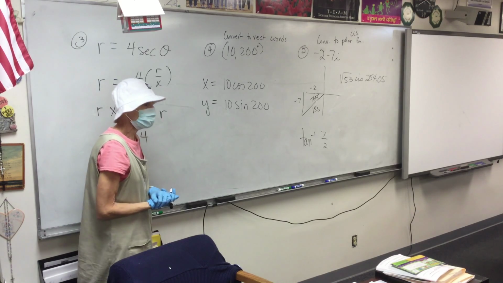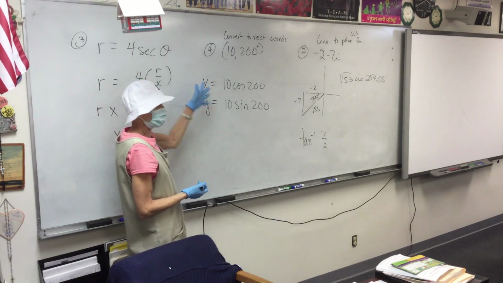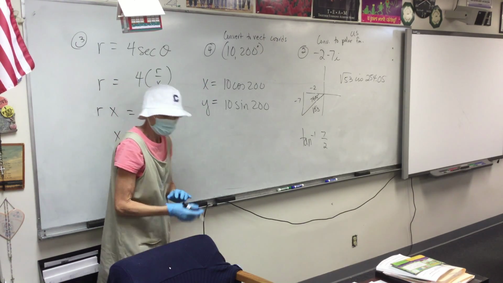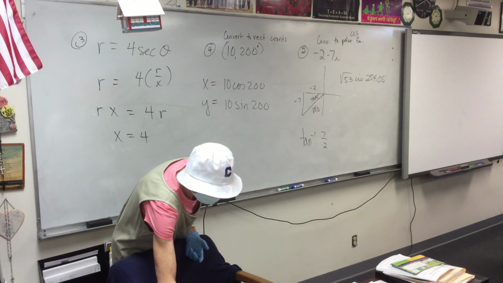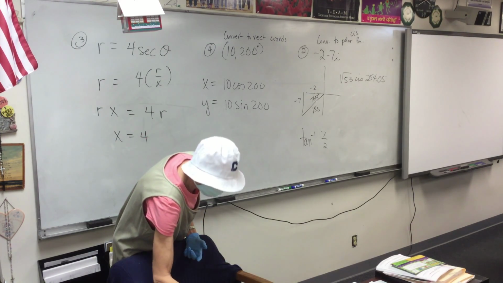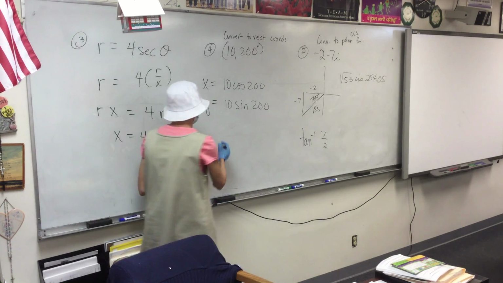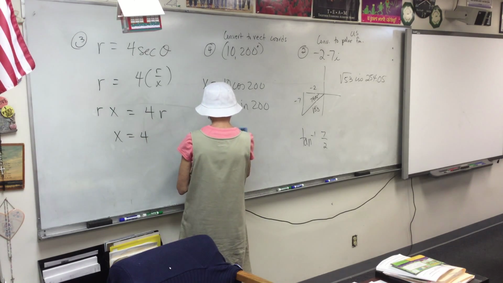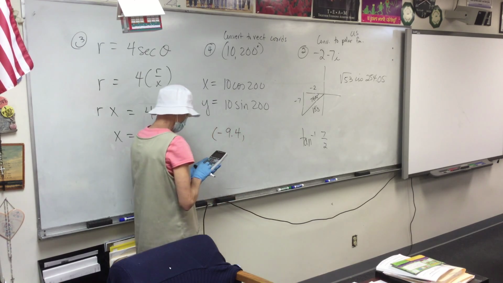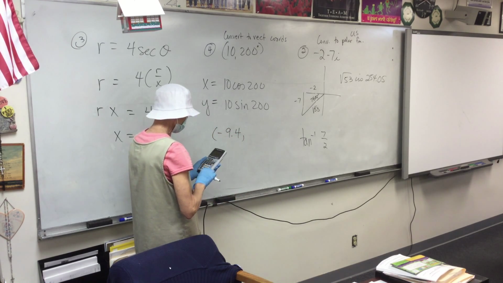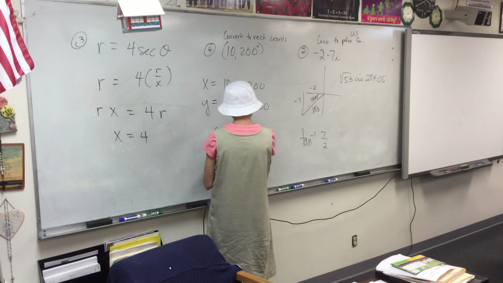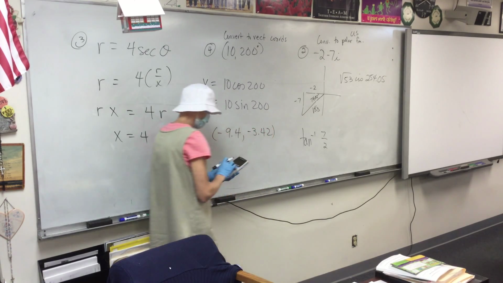If you want x and y, that's how you do it. So 10 cosine 200 is negative 9.4 basically, and 10 sine 200 is negative 3.42.